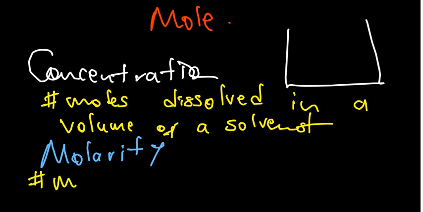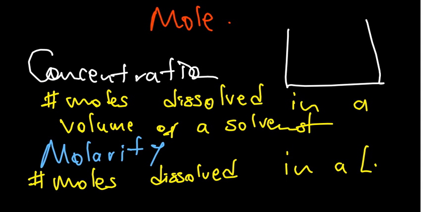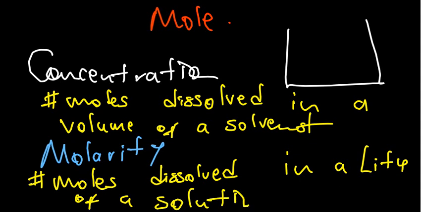So molarity is a specific kind of concentration where it is moles dissolved in what? You go direct in a liter of a solution. Now a liter can be decimeter cubed, because the liter is equal to a decimeter cubed. So if you have a number of moles divided by the volume in liters, it gives you what we are calling molarity.